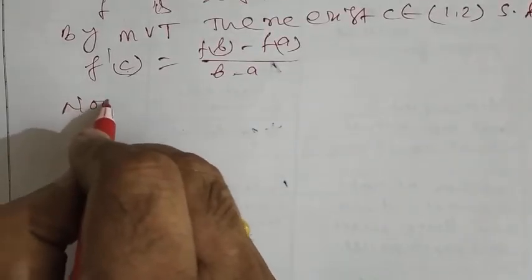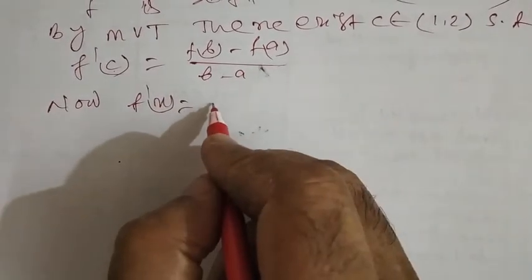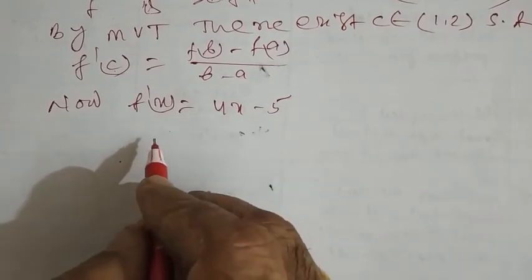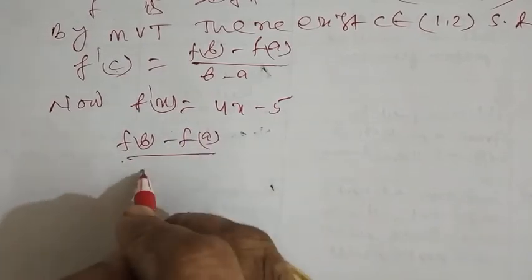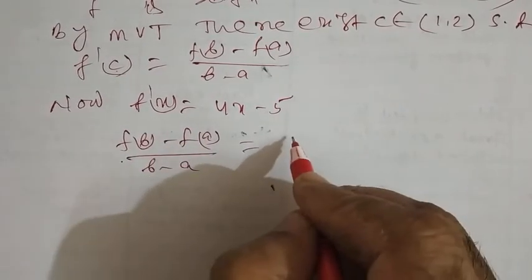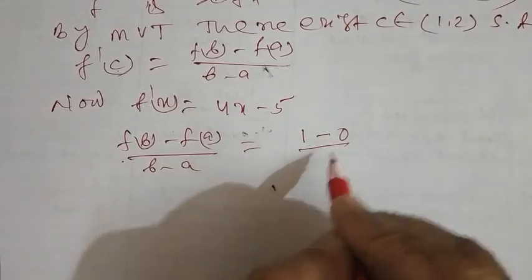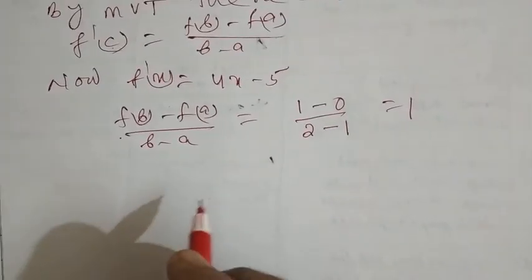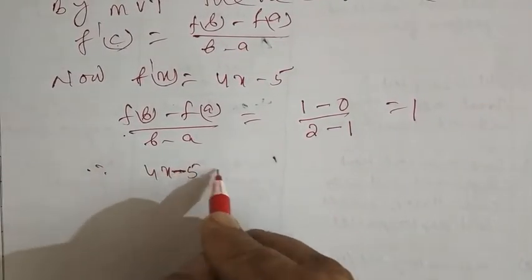Now, f dash x is what? 4x minus 5. Understood? And f(b) minus f(a) by b minus a is what? f(b) 1, f(a) 0, b 2, a 1. It is 1. Therefore, 4x minus 5 equal to 1.